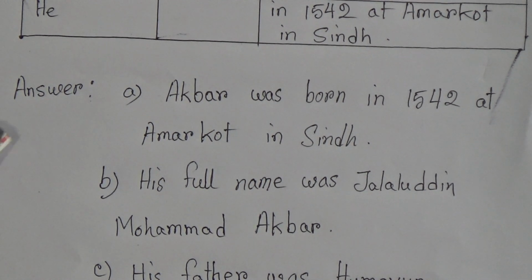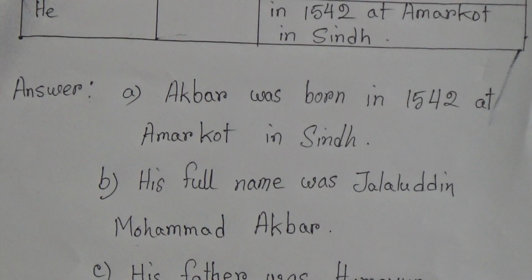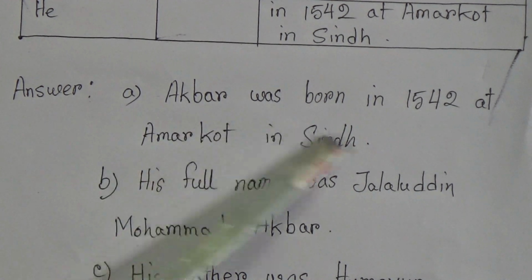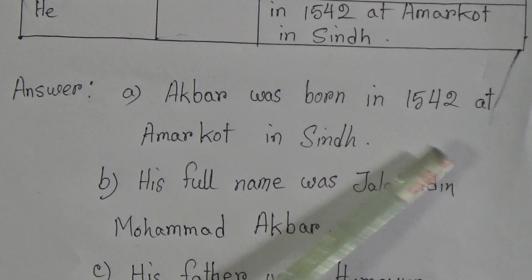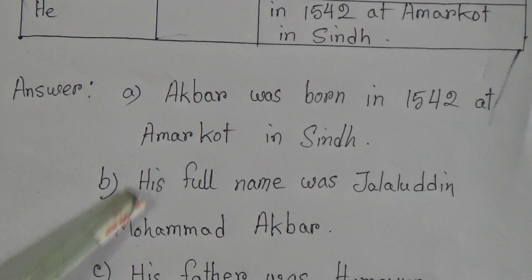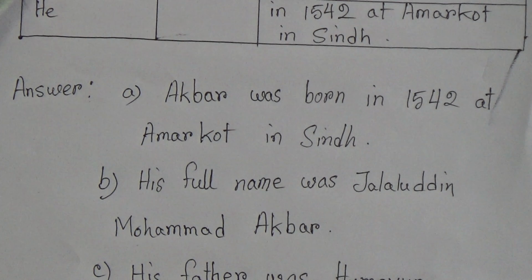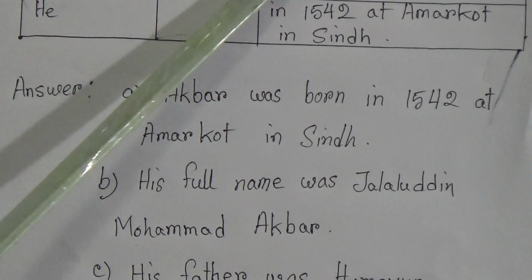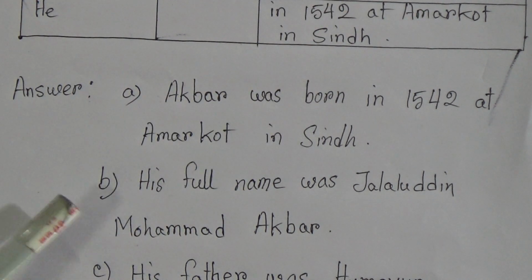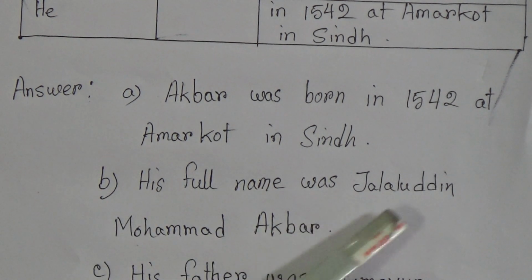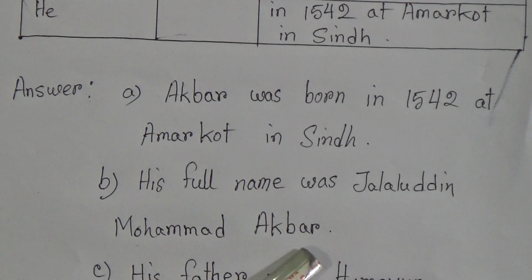So here Akbar, and his introduction here is Akbar was born in 1542 at Amarkot in Sindh. So we have to maintain this sequence. Then his full name was Jalaluddin Muhammad Akbar.